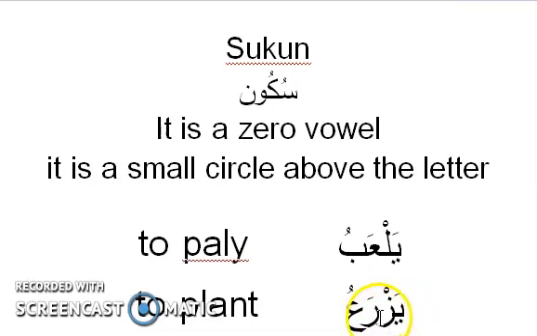And next is ra with a fatha slash on the top of ra, so it is "yazra'u." And notice how we stopped here. I try to make it clear, "yazra'u." But when you know how to read it, you say "yazra'u."